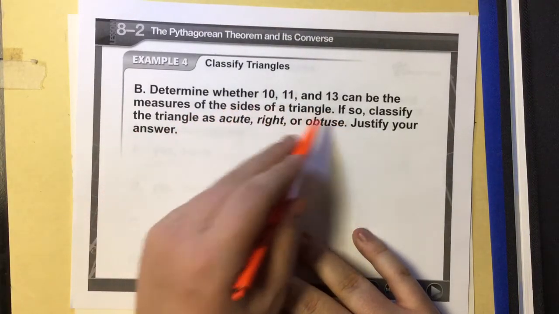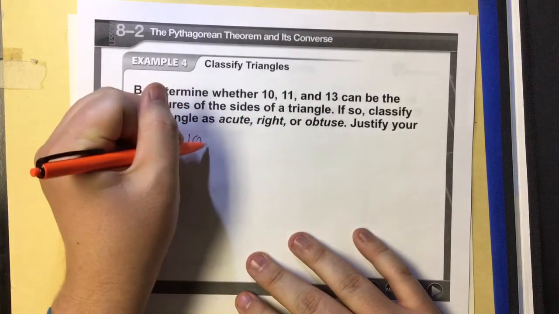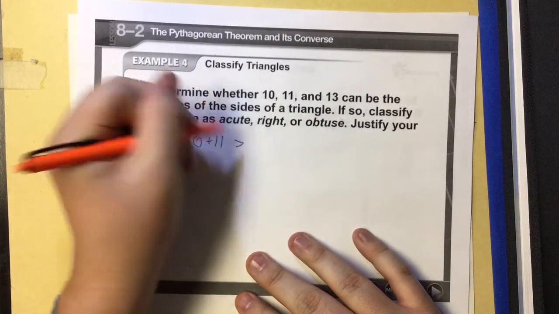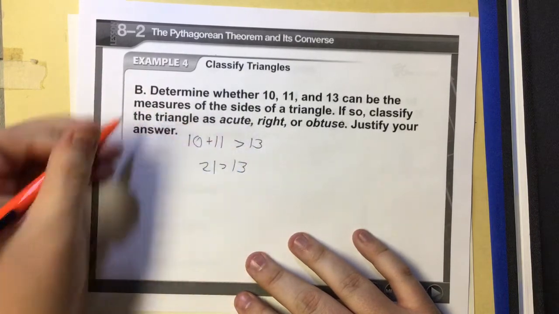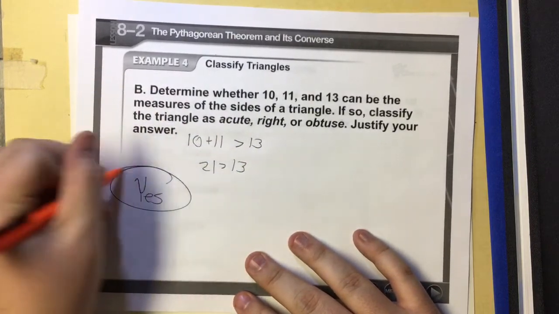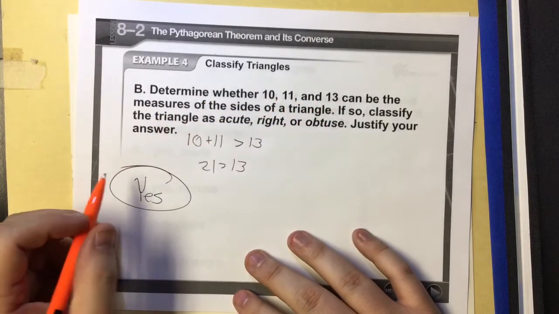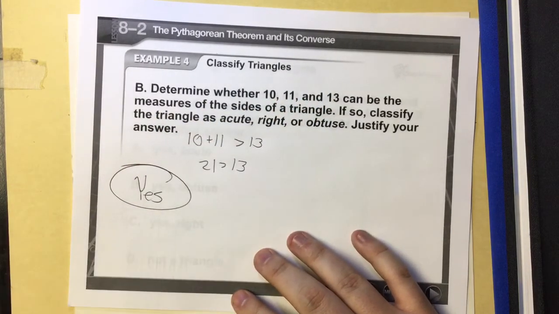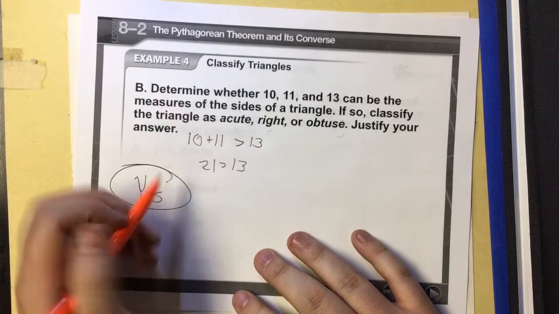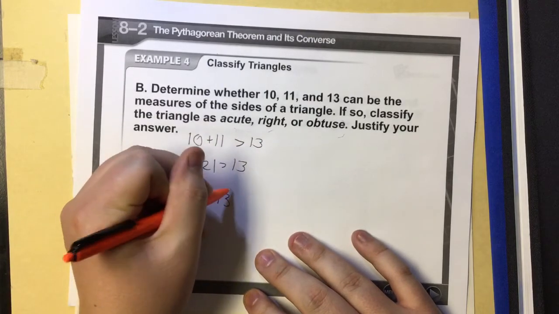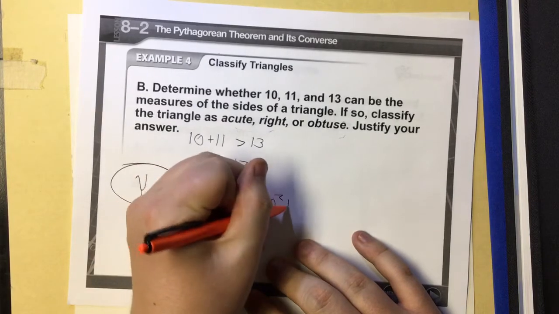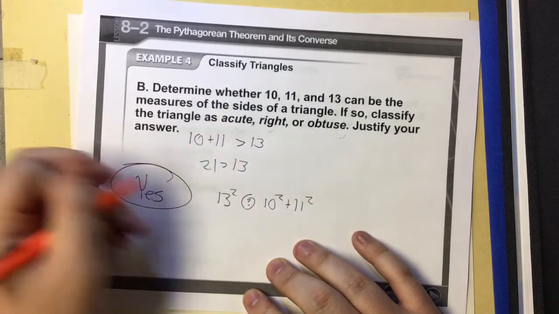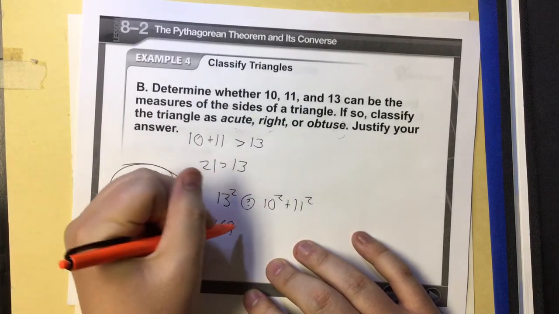Here's another one, same directions. So we take our 2 short sides, 10 plus 11, and see if it's bigger than 13. Again, 21 is bigger than 13, so yes, this is a triangle because the two short add up to longer than that. Now to find out what kind, acute, right, or obtuse, we do our longest side squared, and we're going to compare that to the two short sides squared added up. 13 squared is 169.